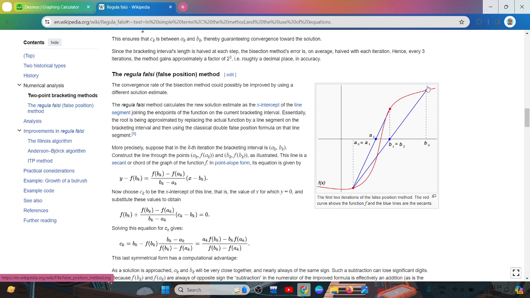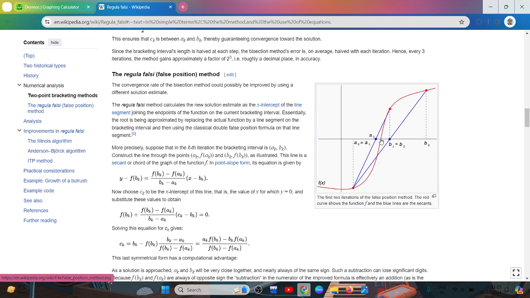Here the red curve is the function y equal to f x, and at point a0 this height is f a0, and at point b0 this height is f b0. So f a0 into f b0, this is a positive height and this a negative height, so obviously the product of these two heights is less than 0. Then a0 b0 is the initial interval that contains the exact root alpha. This is the point alpha, where the curve cuts the x-axis, the exact root alpha.